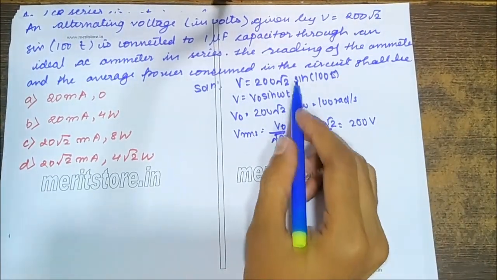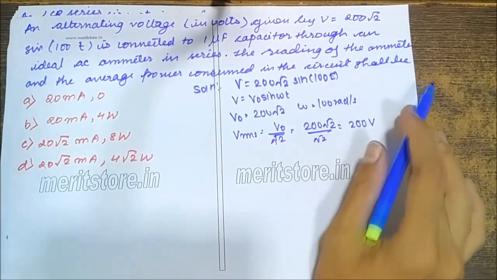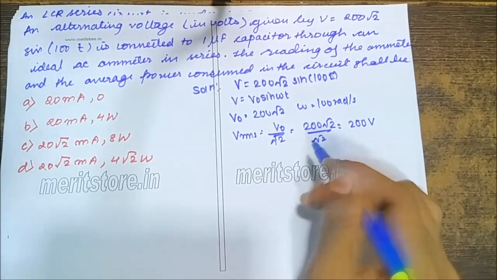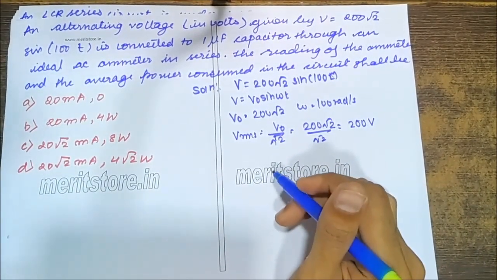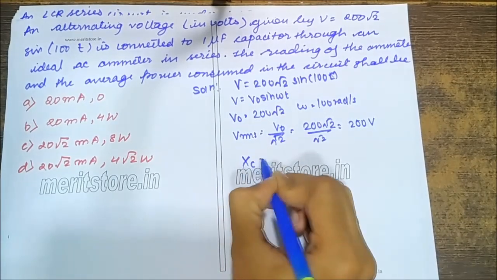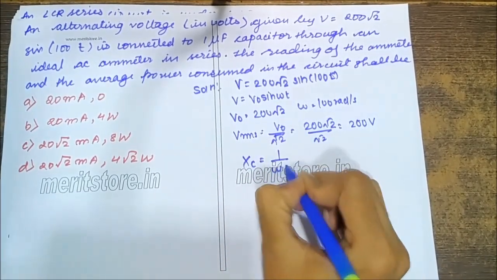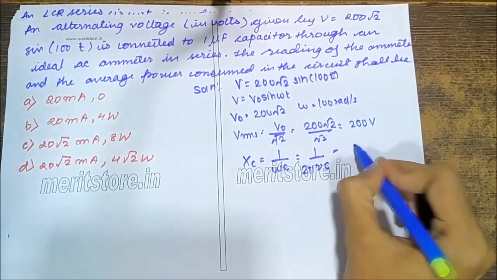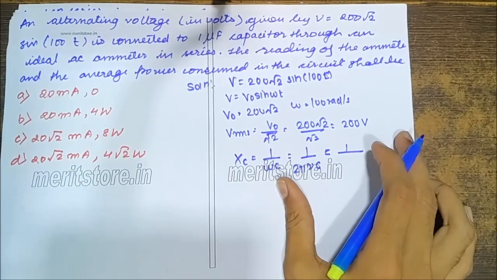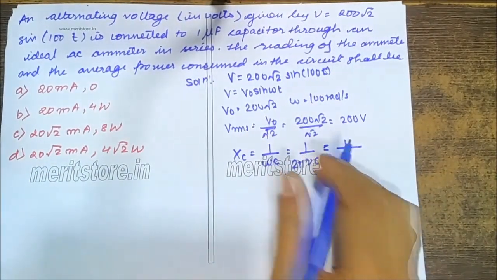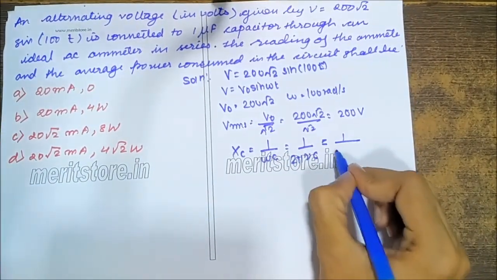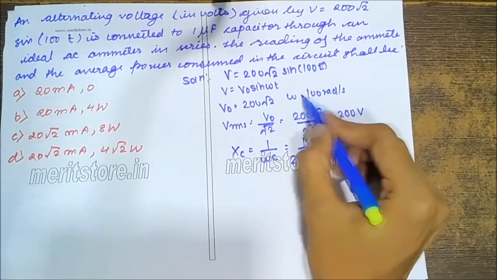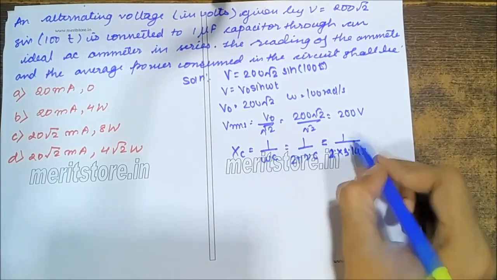Now we need to find the reading in the ammeter, but the ammeter always reads the RMS value of the current. Therefore, first we need to find the capacitive reactance. That capacitive reactance has a value of 1 upon omega C, where omega equals 2 pi times frequency, so here it is 1 upon omega multiplied by C, where omega is given as 100.